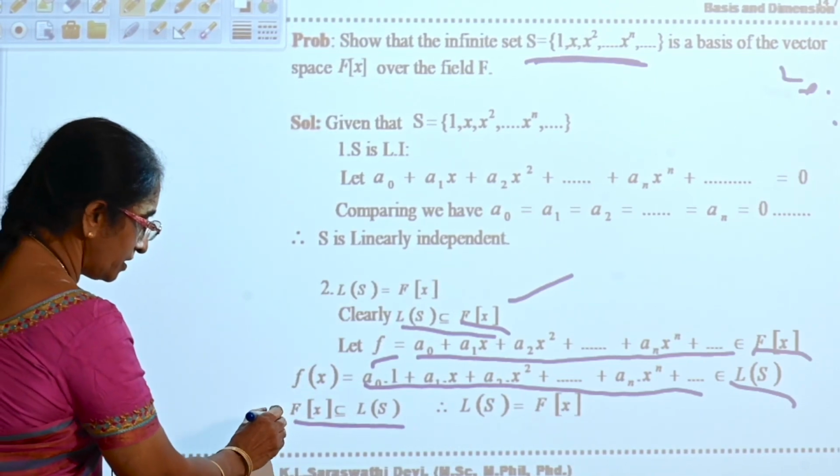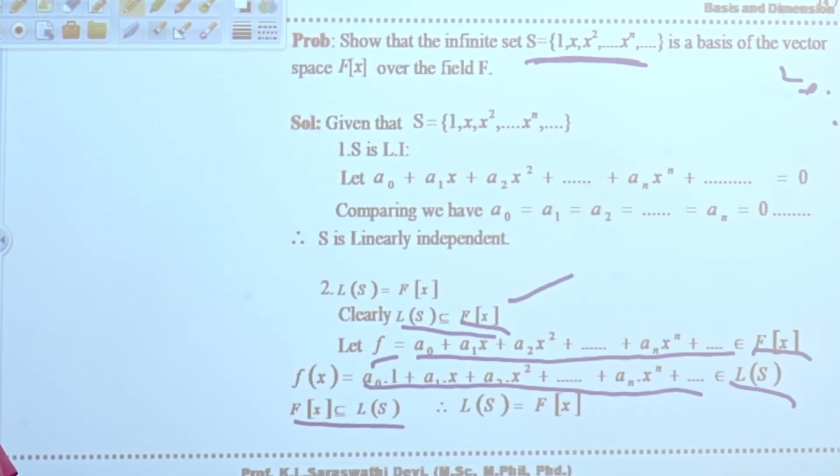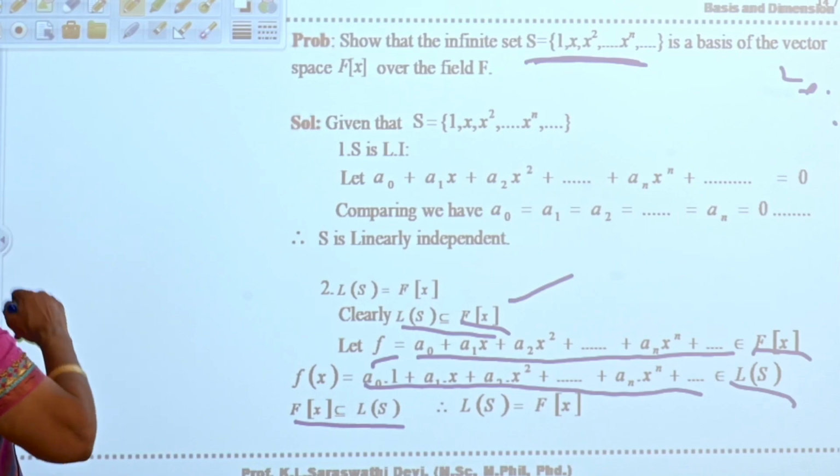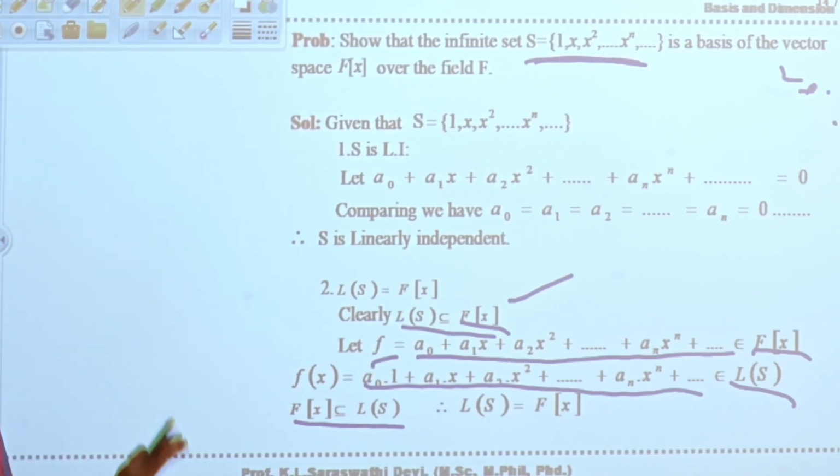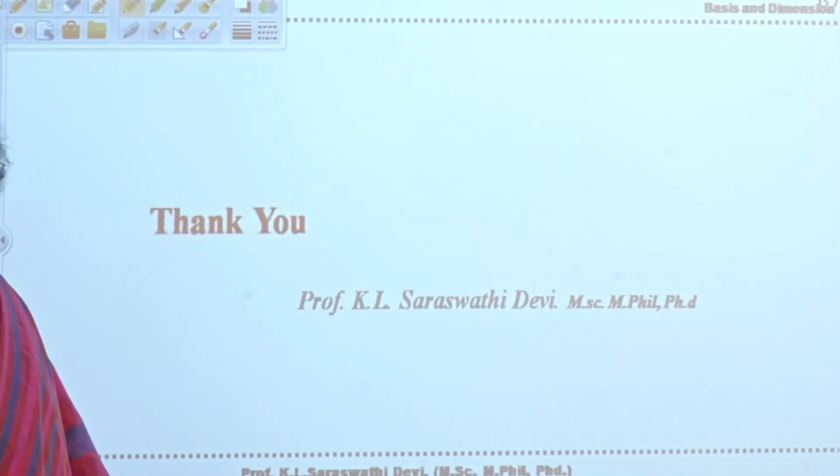From this and that you can say that L of S is equal to f of x. Okay. Therefore now S is a spanning set of f of x and S is linearly independent. So what can you say? S is a basis. Thank you.